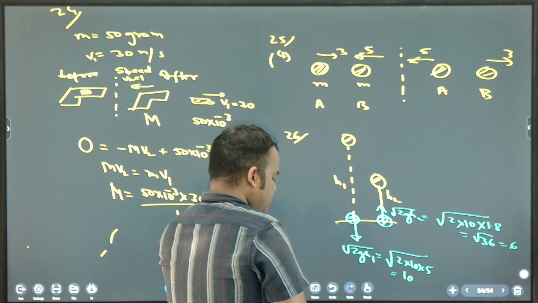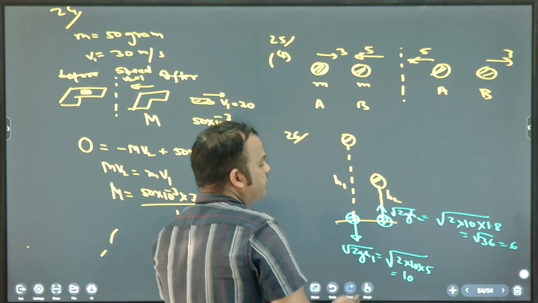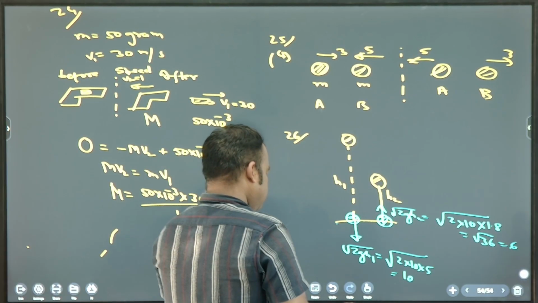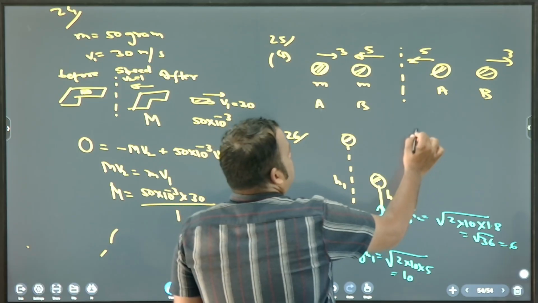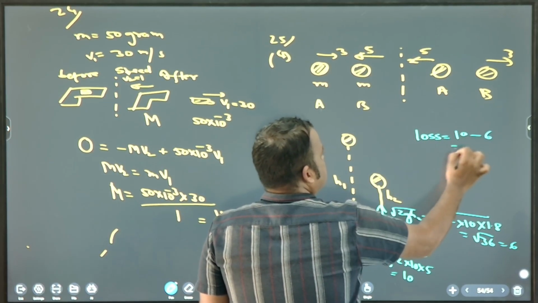The ball loses its velocity on bouncing by a factor of. Okay, they are asking for the fraction. Loss is equal to 10 minus 6, so that is 4.